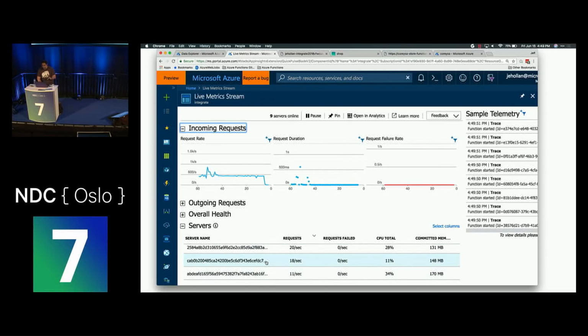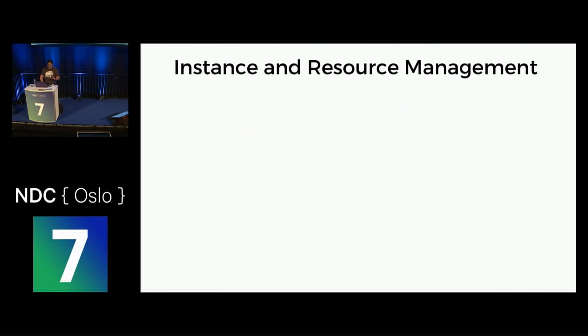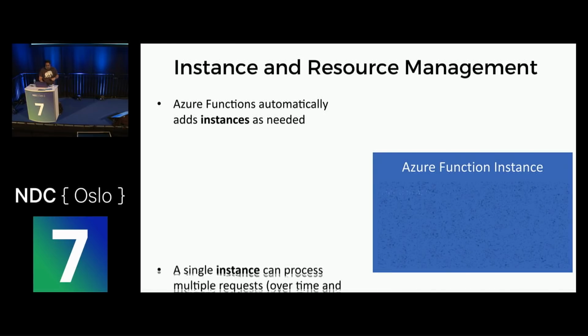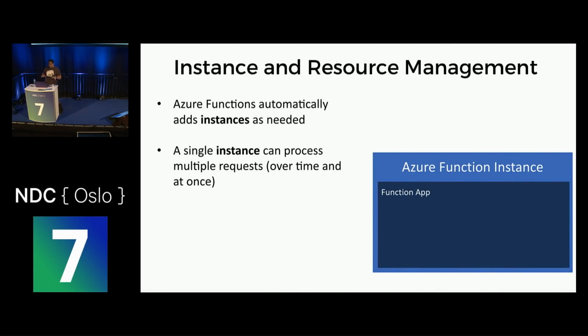So a few things to note as we talk about what just happened. Azure Functions will automatically add instances or servers as needed. In this case, for this load test, it realized it needs 9 fully powered servers running in the cloud to process that load. Each of those instances will have my app running on top of it. So that same runtime you saw me running in Visual Studio, those are running on all of those instances.